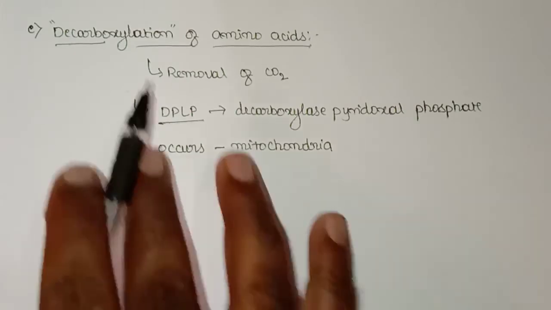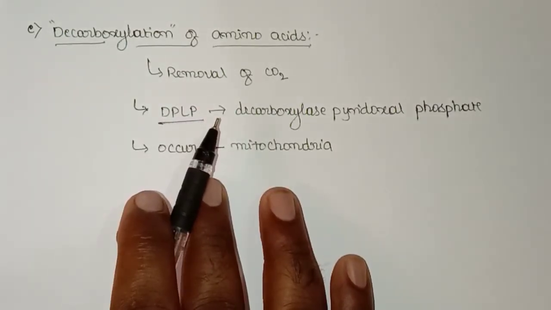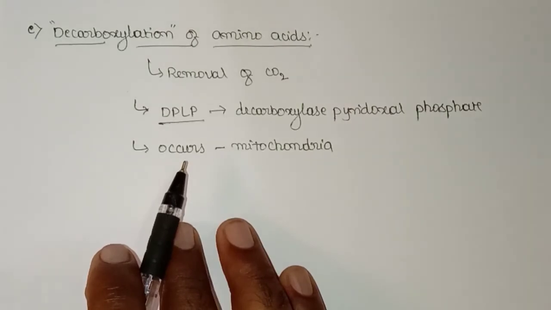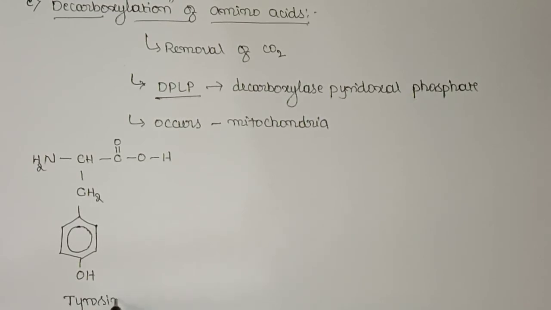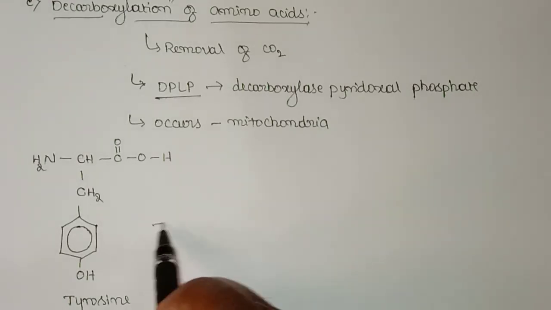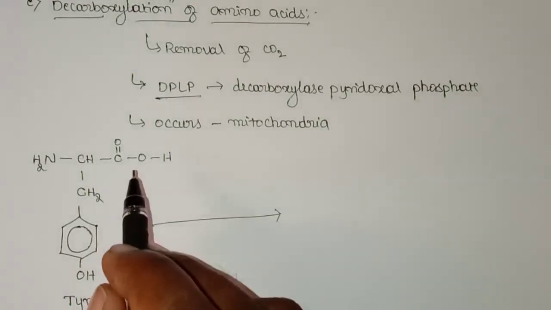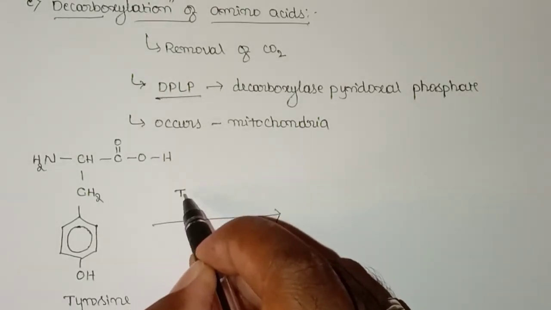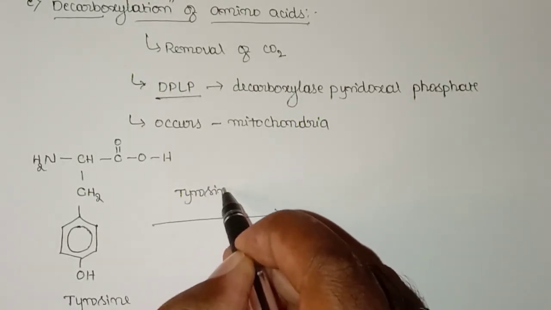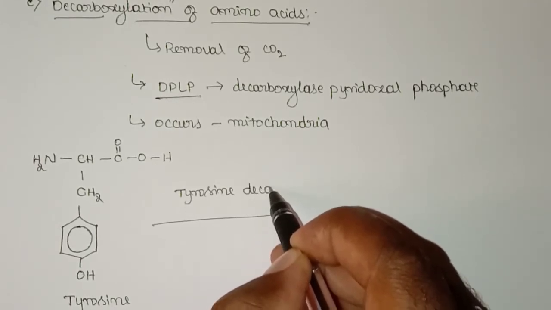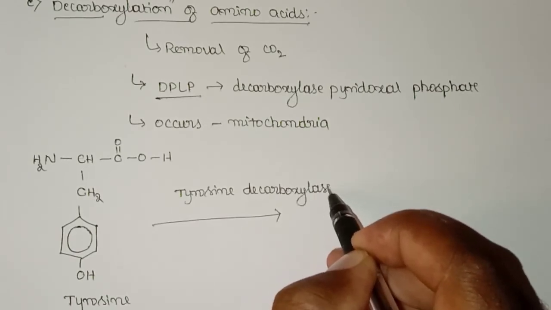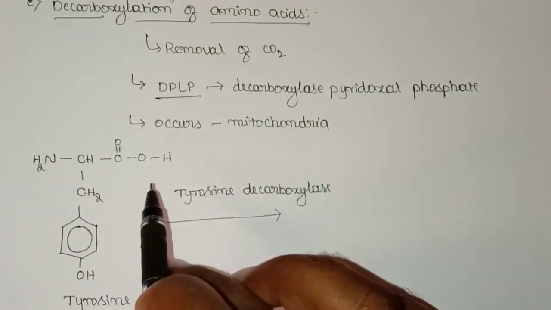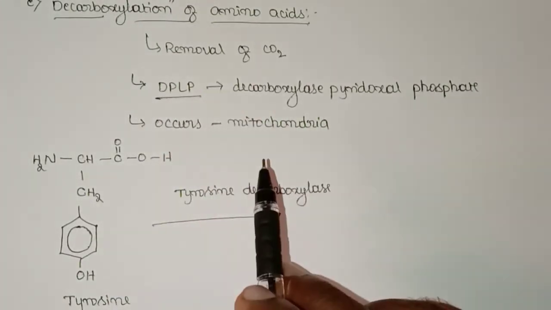Now we shall consider one or two simple examples to show the decarboxylation reaction of amino acids. Here we have taken the aromatic amino acid tyrosine. To perform its decarboxylation, we take tyrosine decarboxylase, a specific enzyme, or you can directly take DPLP, decarboxylase pyridoxal phosphate.